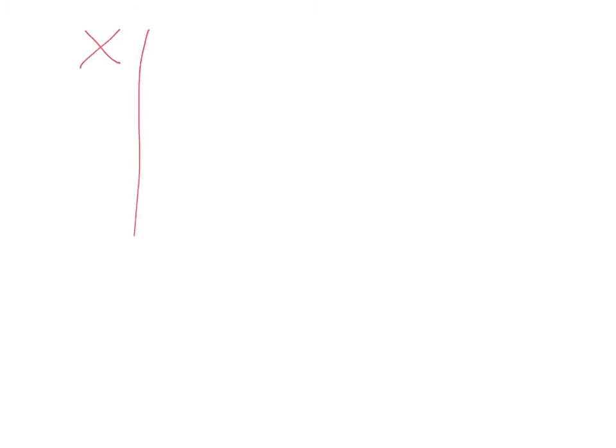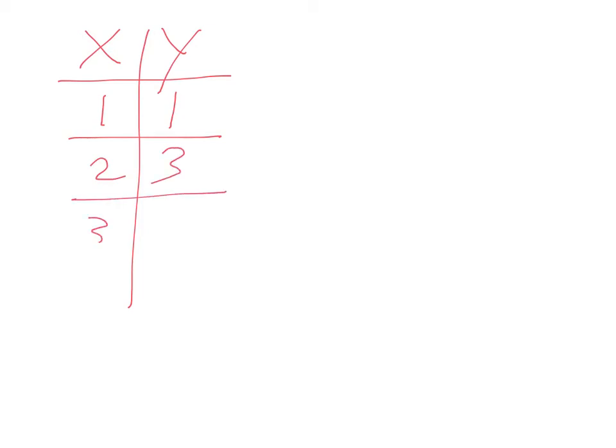Here's an XY table. 1, 1, 2, 3, 3, 5, 4, 7. And I say to you, what's my rule? And you can look into patterns and try to figure out what pattern you could find to figure out what the rule would be for this.